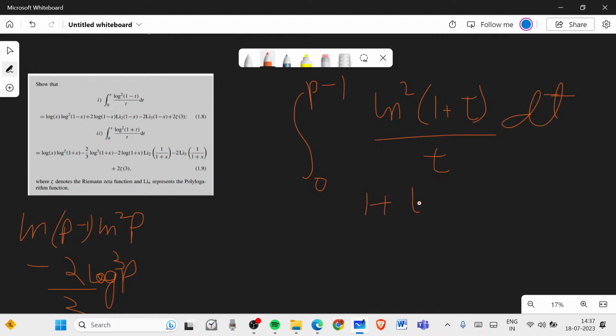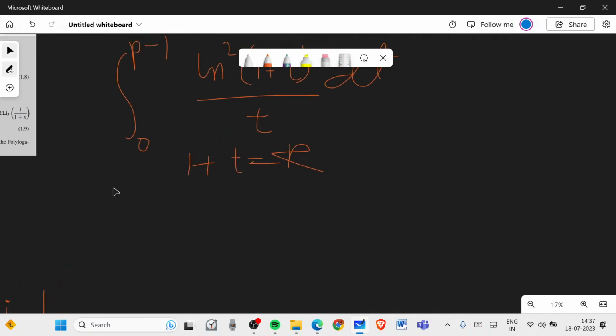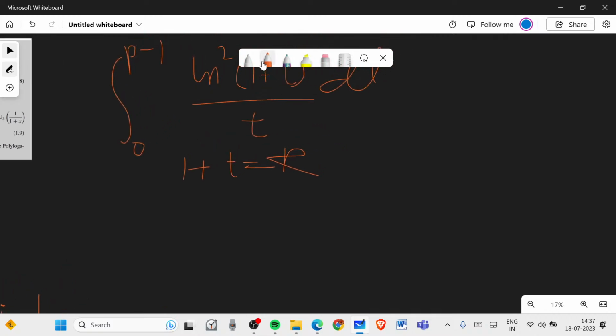Putting 1 plus t as k, it's 1 to p ln square k by k minus 1 dk.